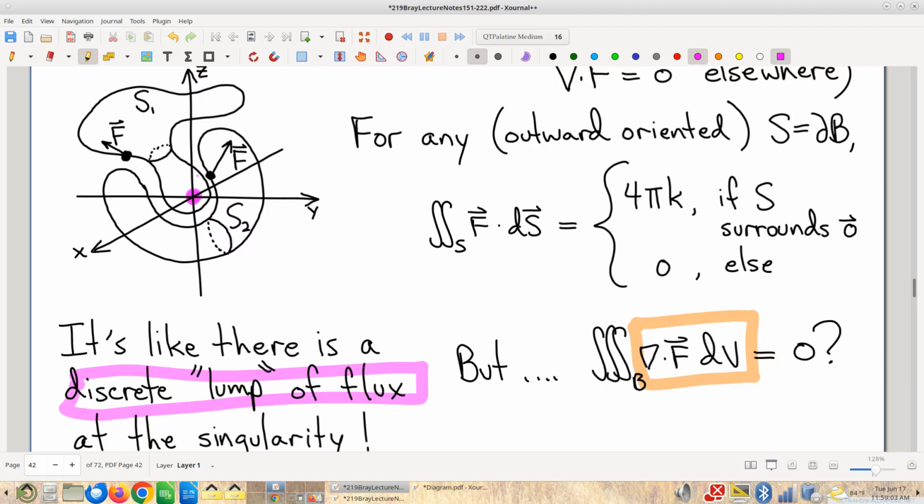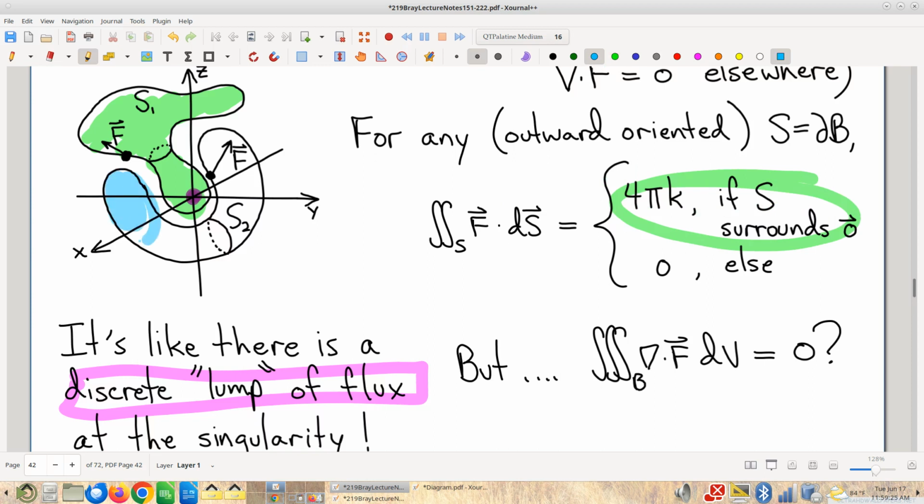of flux. And so if you take that point of view, then how much flux is there in the green region? Well, there's some definite flux there, and it's adding up. It's coming from the origin. And then what about in this blue region?